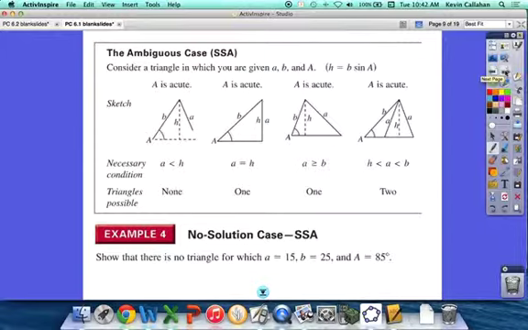Okay. Let's see. Here's a no solution case. And you could see we got our acute angle. A is definitely less than B, which means we could either be in this case, where A is less than B and we might have two triangles, or we could be in this case, where A is less than the H. Now, for the most part, I don't ever mess with the H. There's no reason to have to mess with the H. I'm just going to set up my triangle and try to solve it.